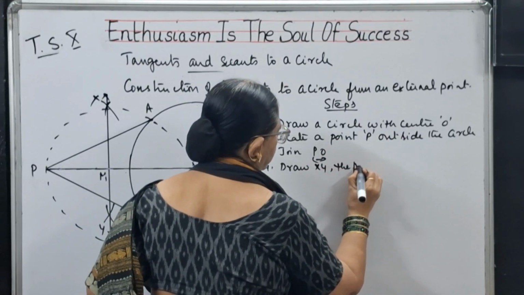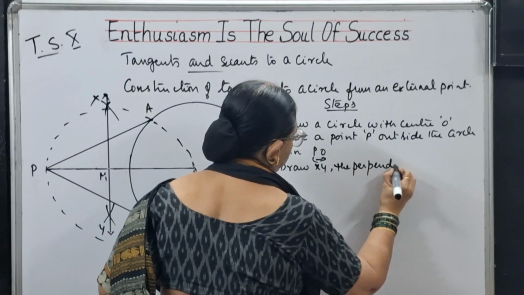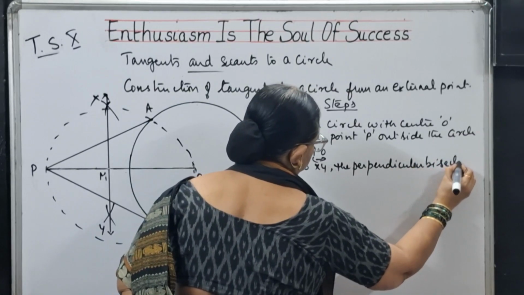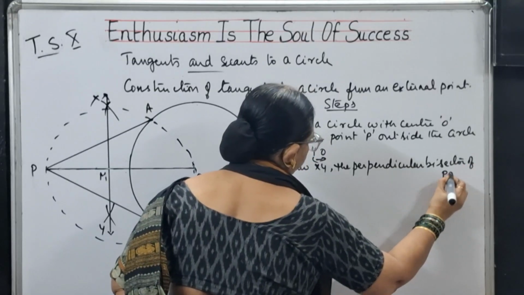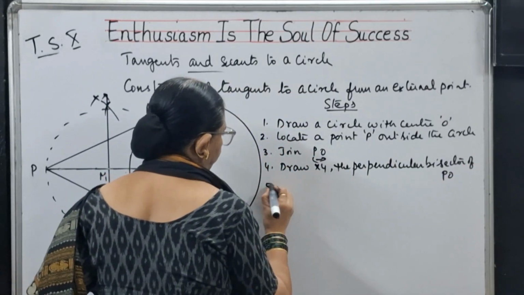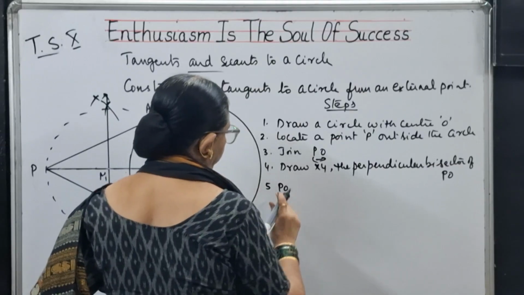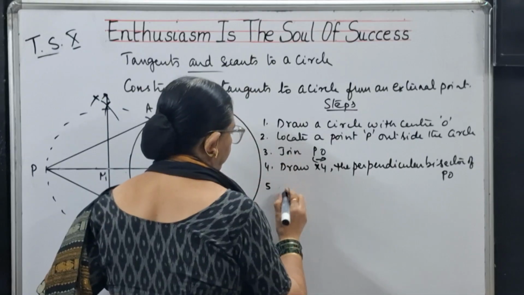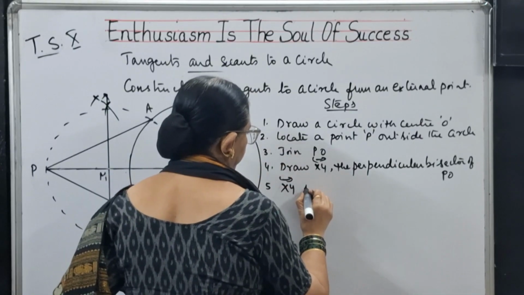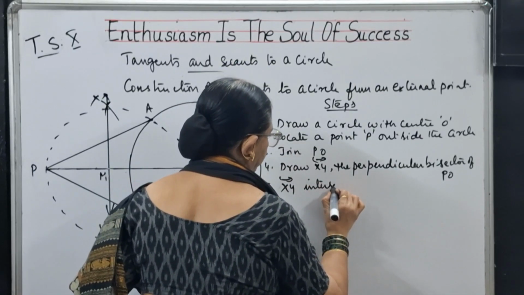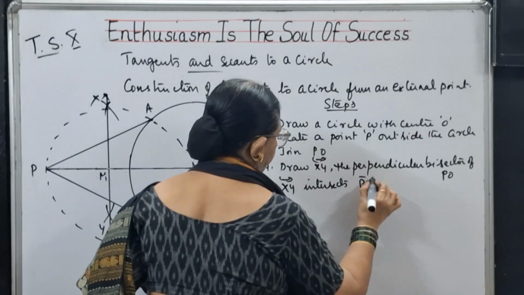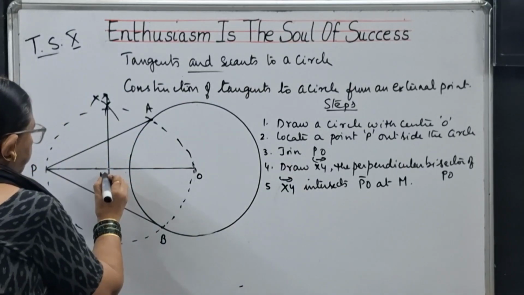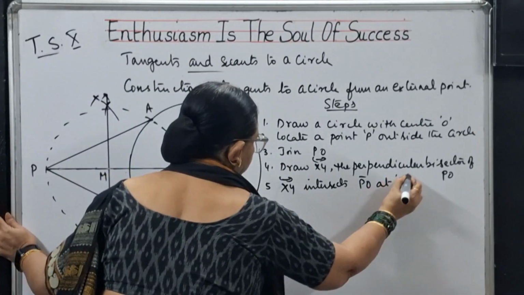the perpendicular bisector of PO. Perpendicular bisector of PO. XY intersects PO at M. This is the point, at M, XY is intersecting PO.